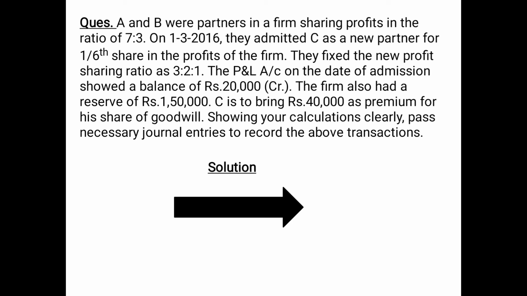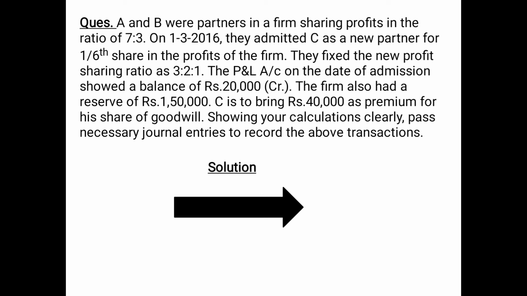They fixed the new profit sharing ratio as 3:2:1. So in this case, you are given the old ratio as well as the new ratio. So you can calculate the sacrificing ratio by applying the formula old ratio minus new ratio. The P&L account on the date of admission showed a balance of rupees 20,000 credit.